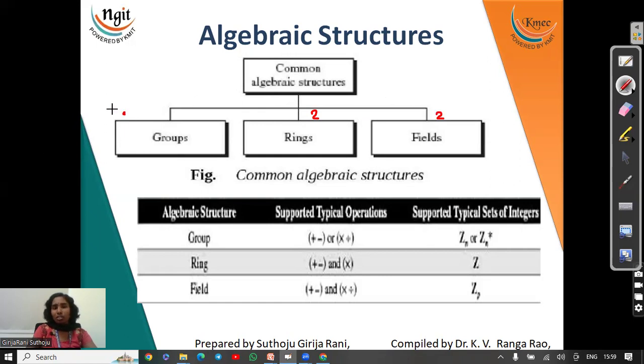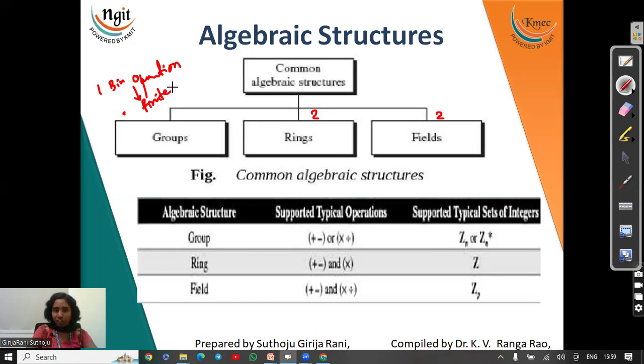Now, coming to groups, we say a group is a set of elements which perform with one binary operation. And these operations will be valid when the set of elements is a finite set.